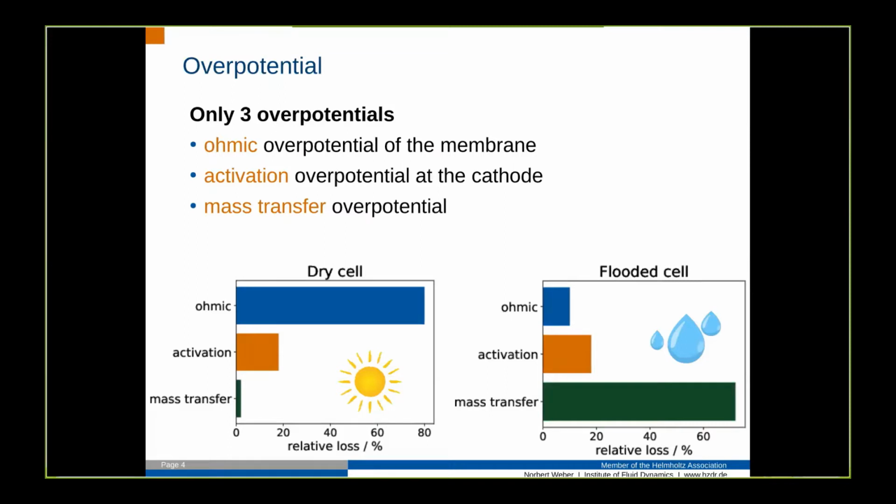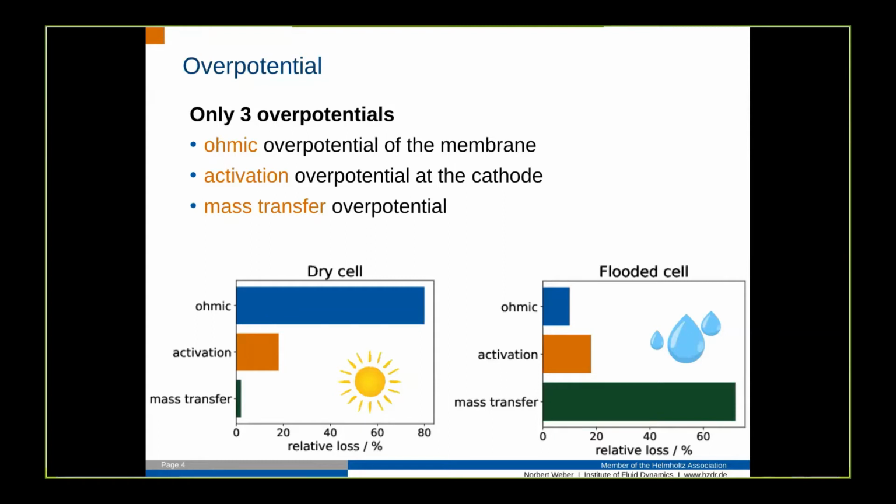The activation overpotential means that when you ionize the oxygen or the hydrogen, you lose a certain potential, and this needs to be included in the model. And finally, we have mass transfer losses, which means that the cell might accumulate a lot of liquid water so that in the end the oxygen and hydrogen do not reach the reaction zone anymore.